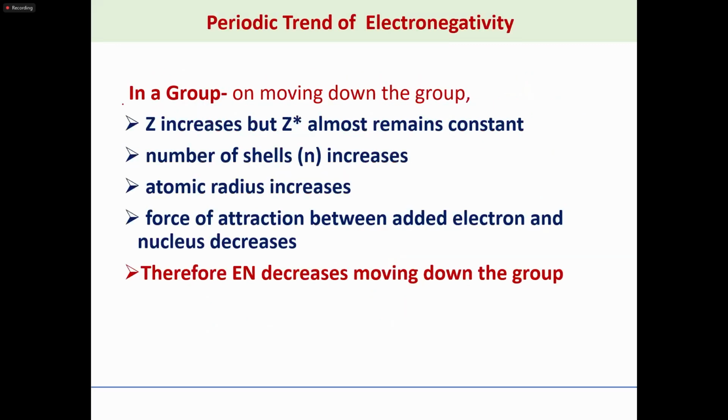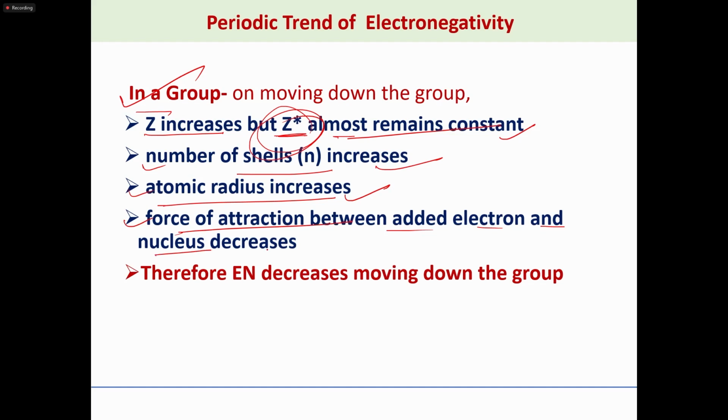Now in a group, Z* the effective nuclear charge remains almost constant, but the number of shells increases, the atomic radius increases, and the force of attraction between the electrons and the nucleus decreases, so electronegativity decreases down the group.